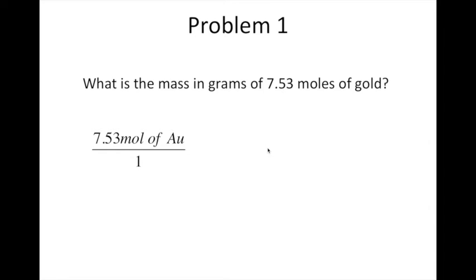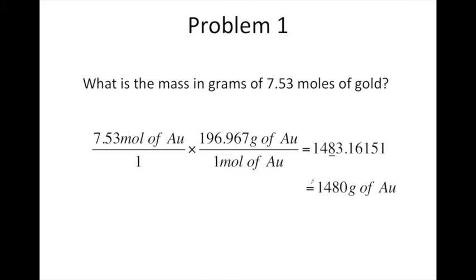So here, I'm starting with the moles. This is what I'm given, and I want to use the molar mass. My strategy says use the molar mass to convert it to grams. I'm going to write the molar mass as a conversion factor. 196.967 grams of gold is equal to 1 mole. I want the moles on the bottom so they cancel. And I multiply these two in order to figure out the mass.